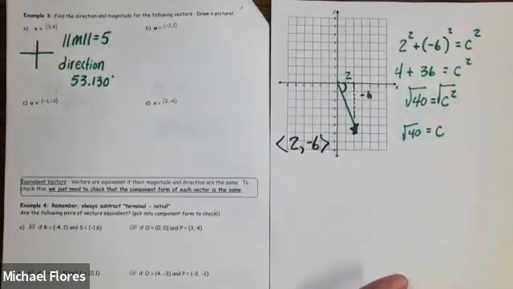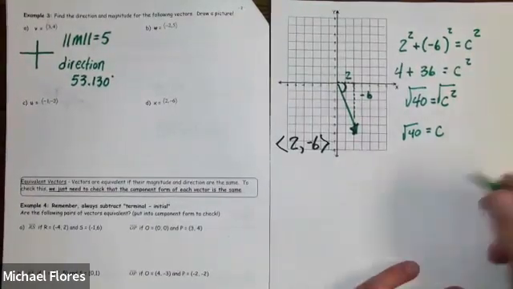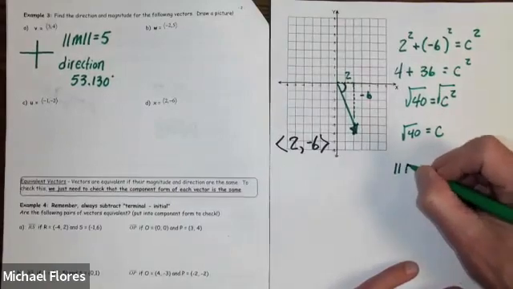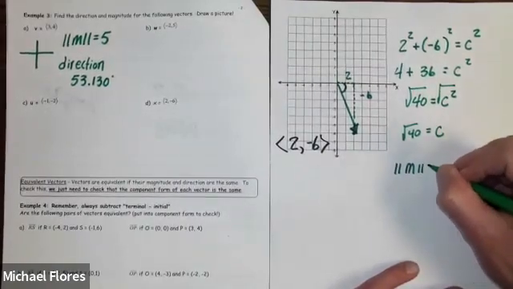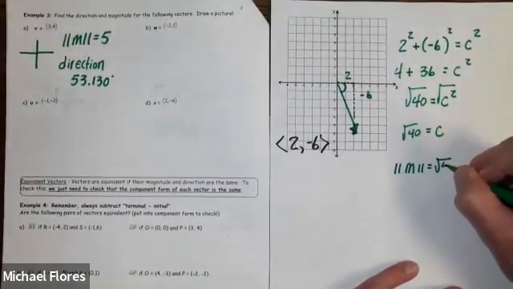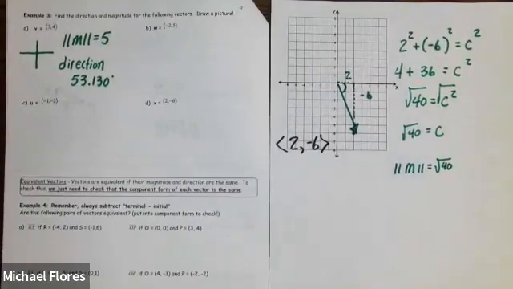Now, the square root of 40 will reduce. The square root of 40 you could also write as a decimal. I don't really care what you go with here. I'm just going to keep the square root of 40. You have a magnitude of the square root of 40.